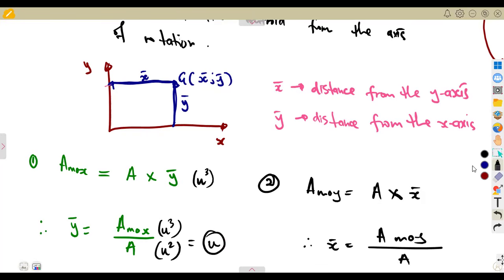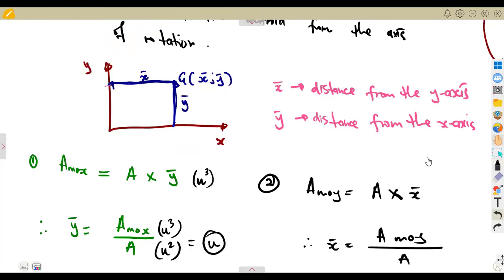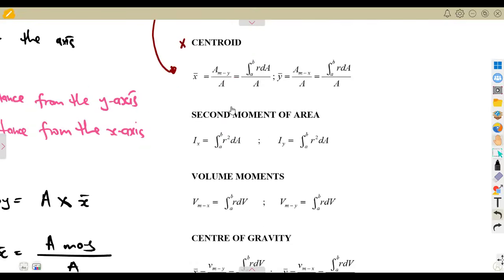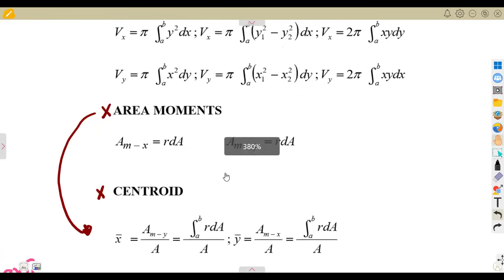Like I said, this is not important for now. You have this because you have got this in part here. I'm actually having the formula here. The area moment, you're going to see these formulas that you have here. We're going to talk about this, the integral of r dA.